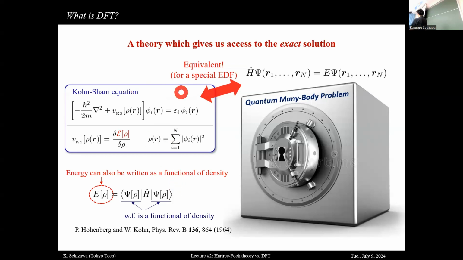Solving the Kohn-Sham equation is equivalent to the minimization of this energy density functional. And the solution becomes equivalent to the solution of the exact many-body Schrödinger equation.